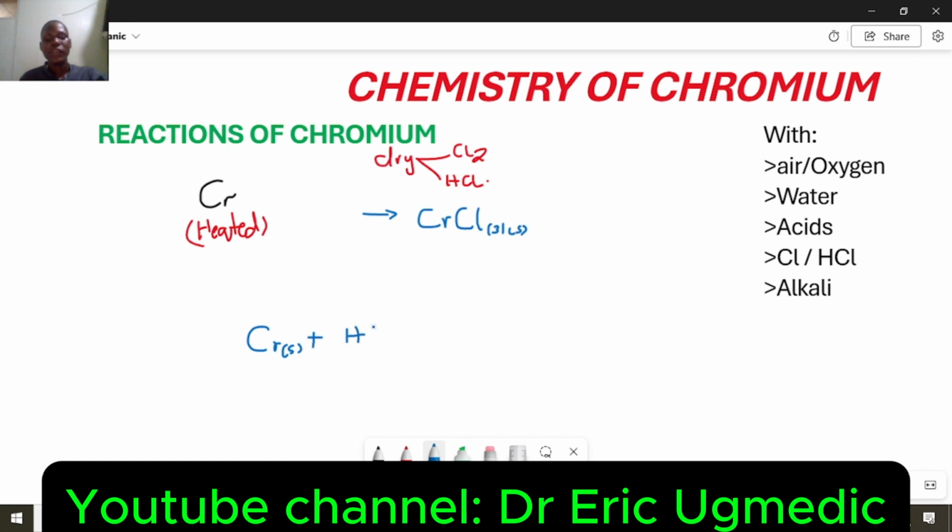So with that explanation, you should be able to write these equations on your own. So this one will just give us chromium in the +2 oxidation state. Why? Because the +3 that's formed initially, it's reduced by the hydrogen gas that's from this side back to the +2 oxidation states.